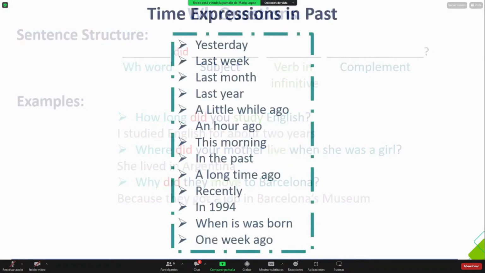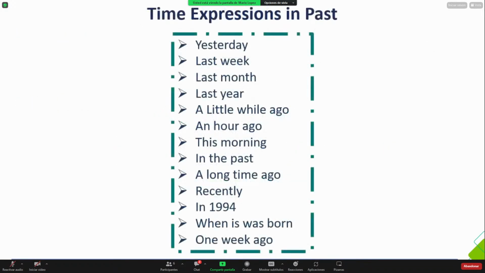Now, to finish the presentation, ahora para finalizar la presentación, here we have some words or phrases that we can use to make sentences in past. Algunas oraciones, palabras o expresiones que podemos usar para hacer oraciones en pasado.